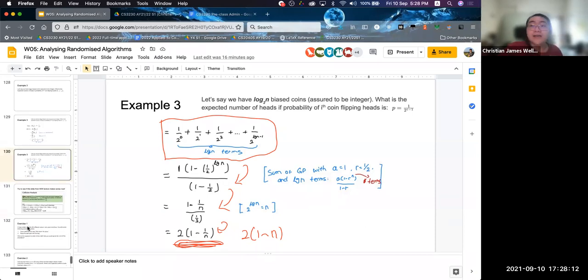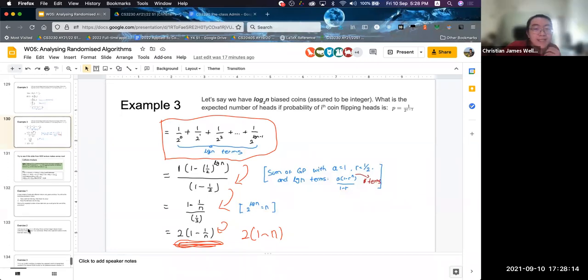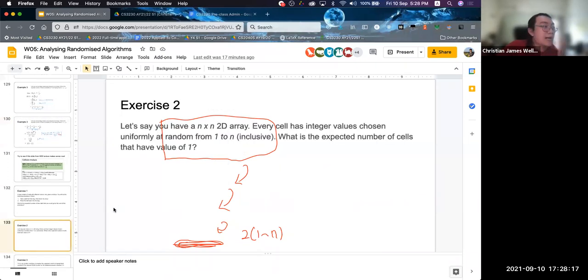So the next question, okay, it's 5:28. If you want to leave, go ahead. Anyone trying this question? I will wait if anyone is still trying it. I didn't give the answer to this question in this slide, but I give the answer in the sheet I'm going to release soon.